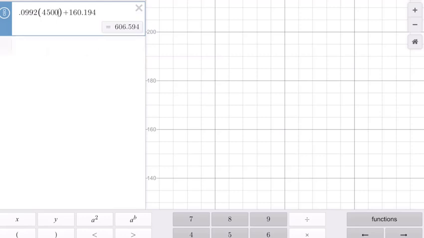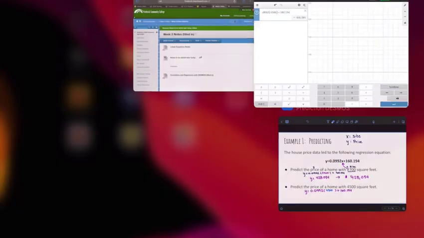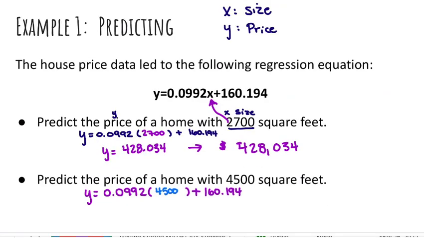And we get 606.594, which, if you multiplied it by 1,000, would be about $606,594 for a house that is 4,500 square feet. Now, is that exactly what it's going to cost? We are estimating. We are predicting, but it doesn't mean that it's going to be that exact cost.